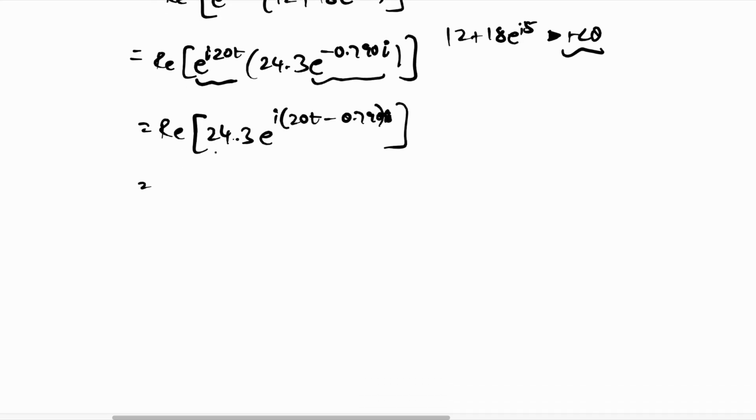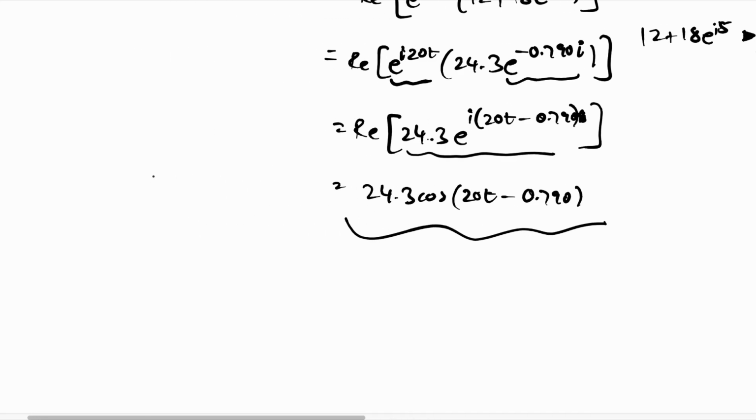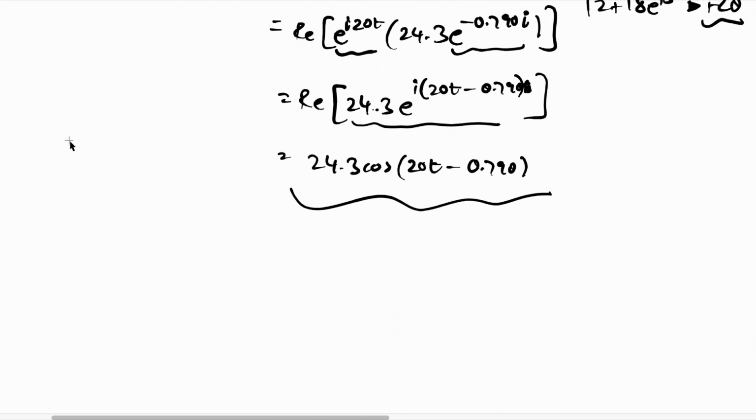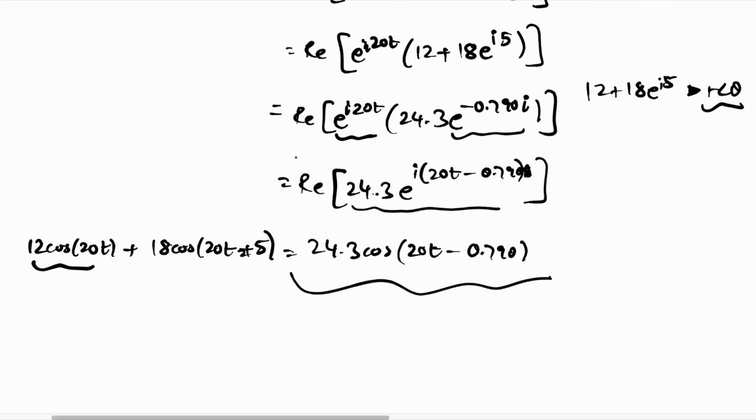So now this thing is basically the cosine part of this complex number. So it gives me 24.3 cos(20t minus 0.790). So this is basically the addition of these two cosine functions: 12 cos 20t plus 18 cos(20t plus 5) is equal to 24.3 cos(20t minus 0.790).